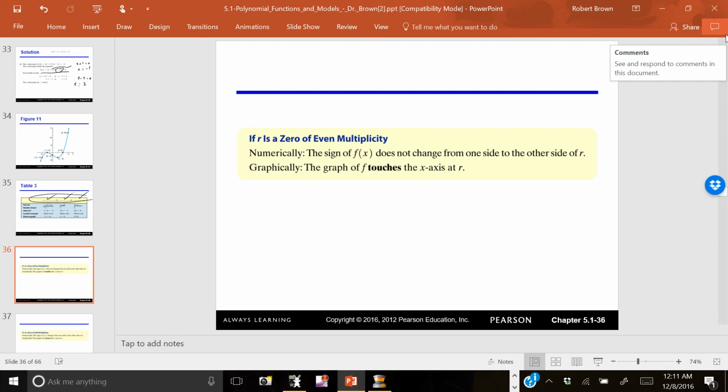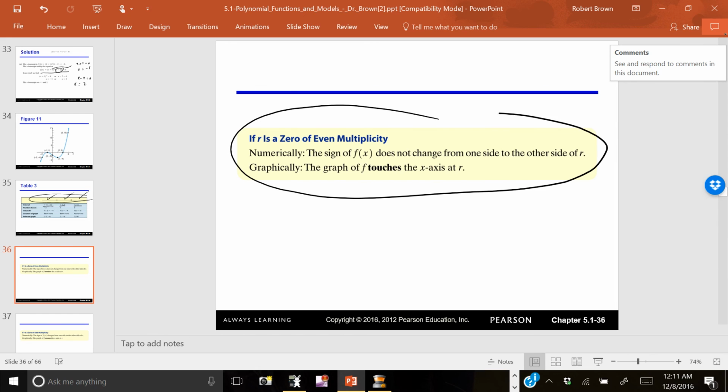Now, if the zero r is of even multiplicity, the sign of f of x does not change from one side of the graph to the other.